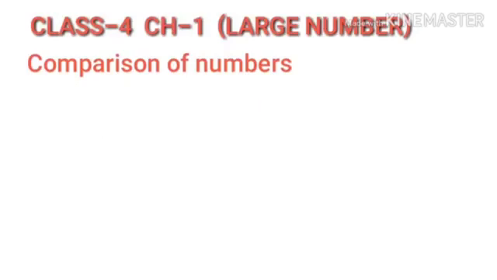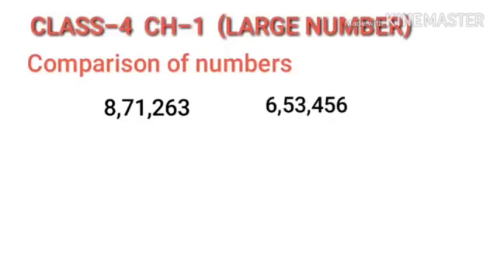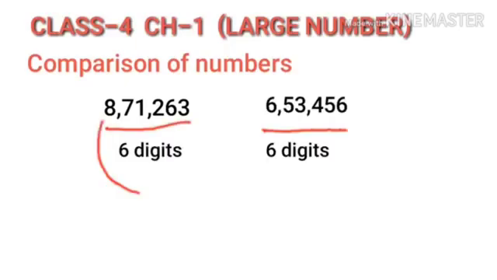Now if we talk about the numbers which have the same number of digits, then the comparison will be done by looking at the digit that is on the first place. Now in the example, the numbers 871,263 and 653,456 both have 6 digits.